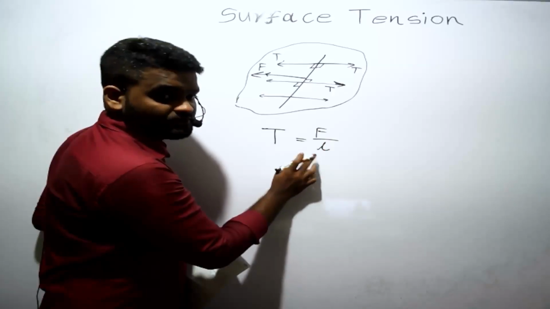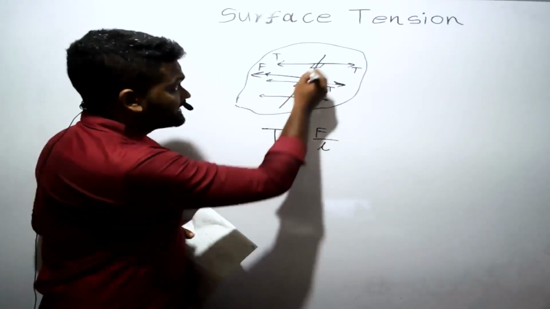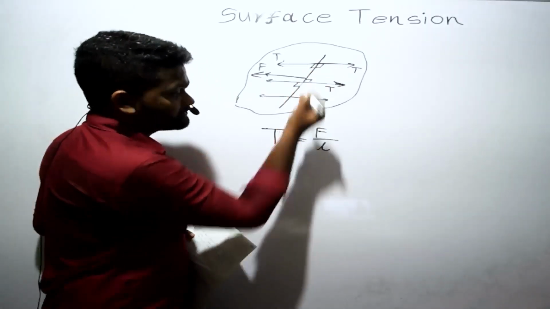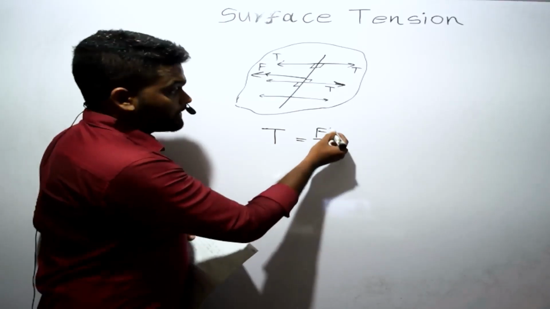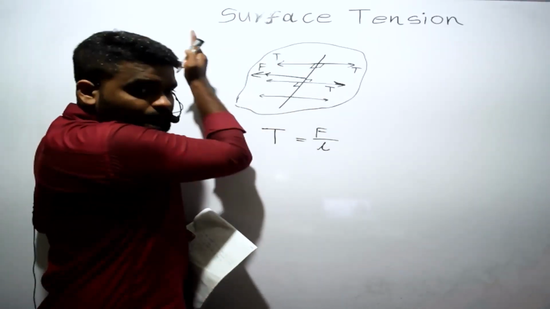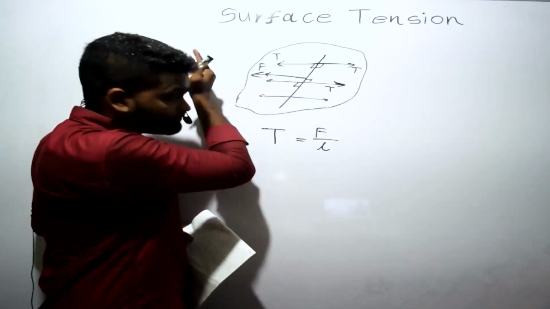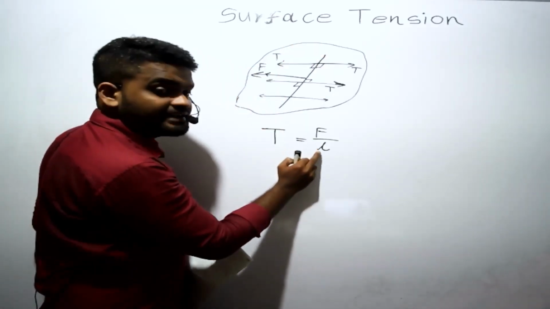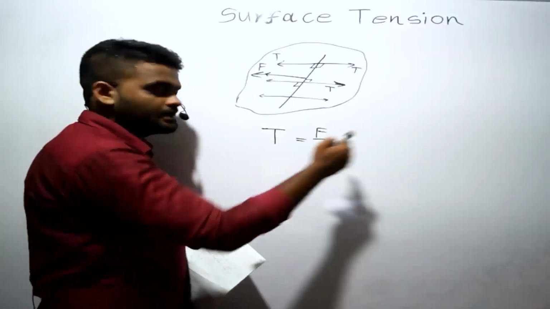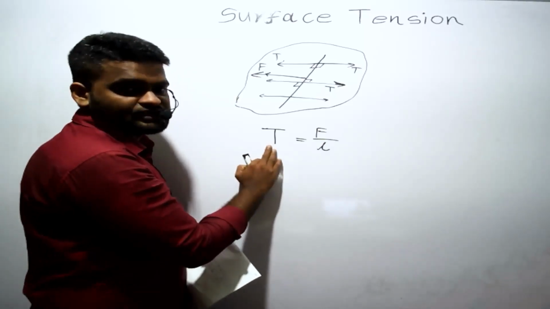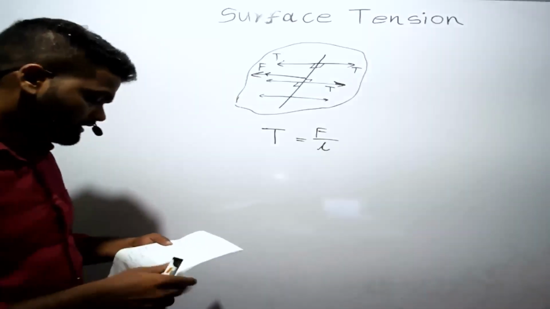So you have to divide this by the length, from here to here. You consider the total force on the line, perpendicular to it, then you divide that by the length of the line. Then you get surface tension.